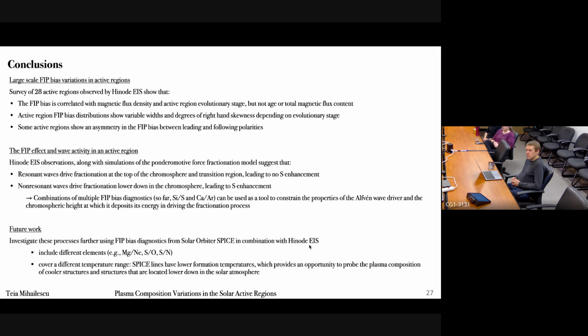Right. So my other question: the idea is that the lower FIP elements are more easily ionized, and so they get pushed up into the corona more easily. So you would expect some different behavior in terms of these ionized species moving upwards more easily.